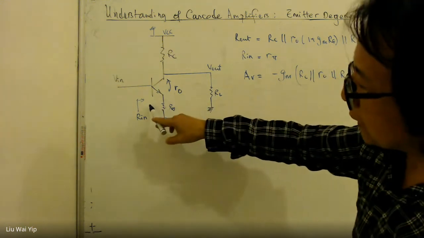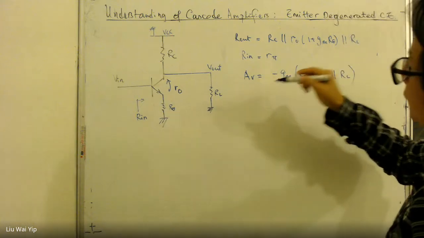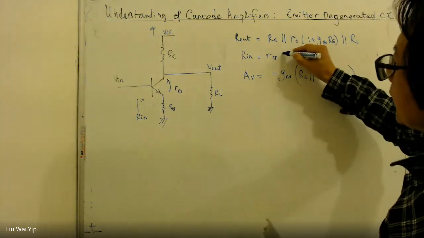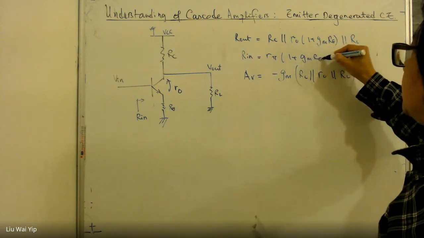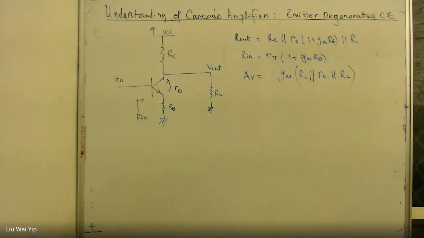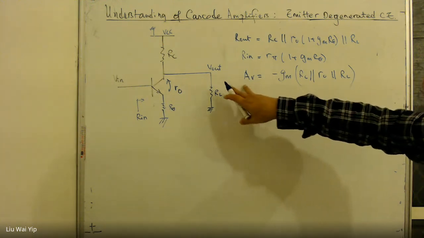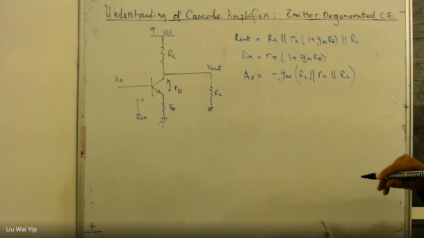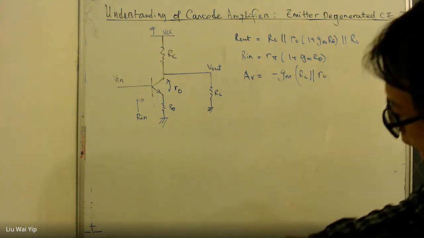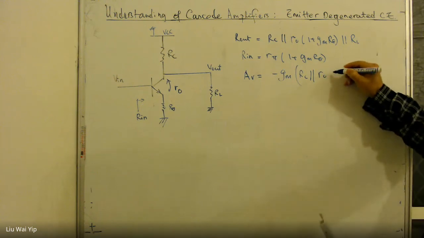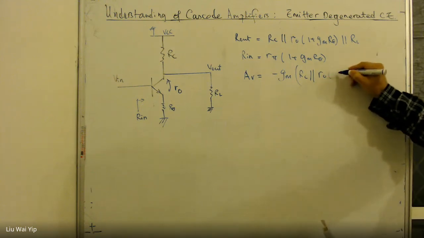How about the input here? The input will be the same. It will be scaled up by GMRE. And similarly, in the formula of voltage gain, we have the output resistance change.